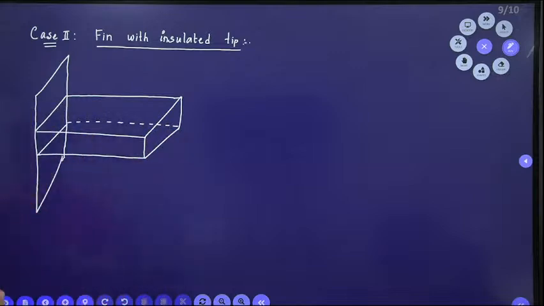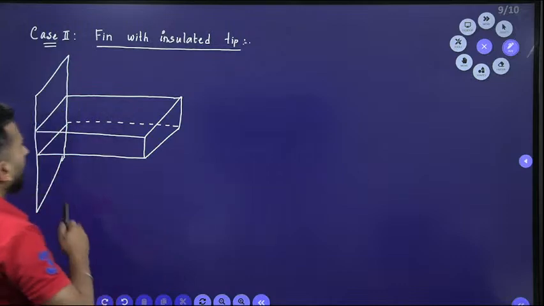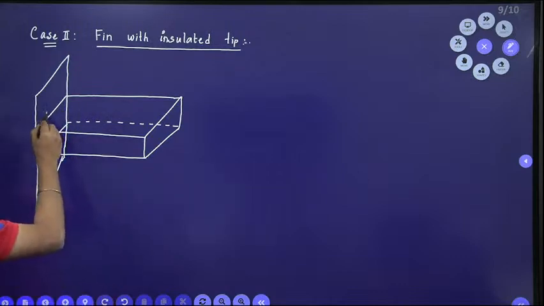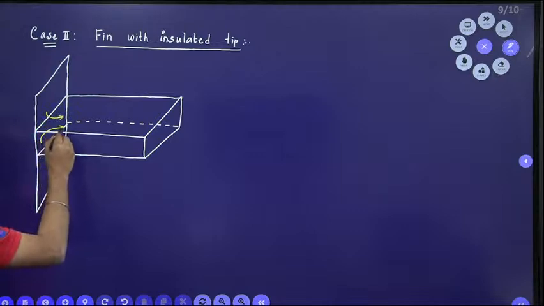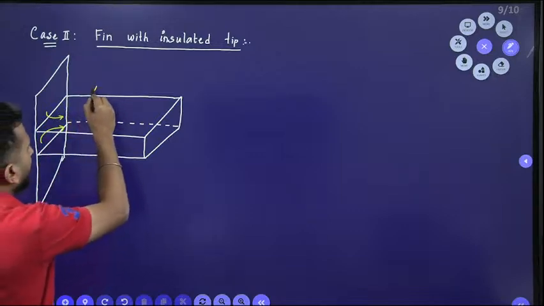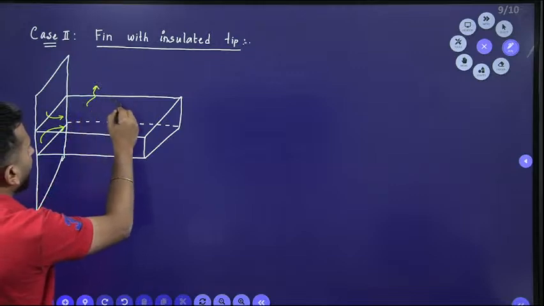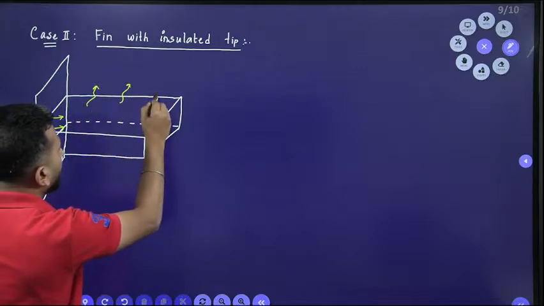Now, what is the meaning of an insulated fin tip? That we should understand first. When heat is conducted from the base, it is convected from the surface of the fin.